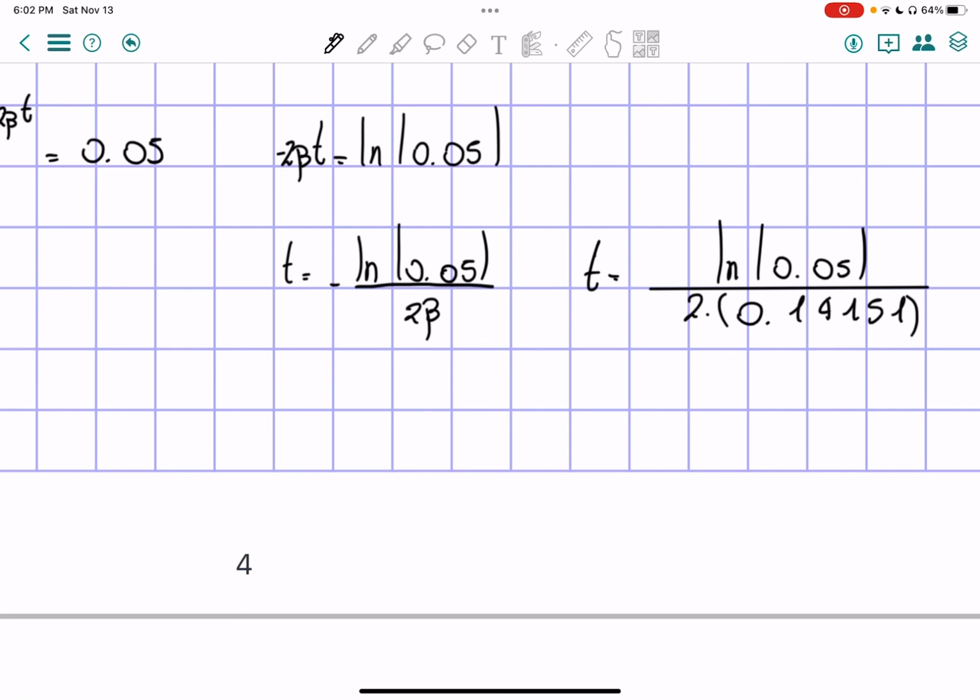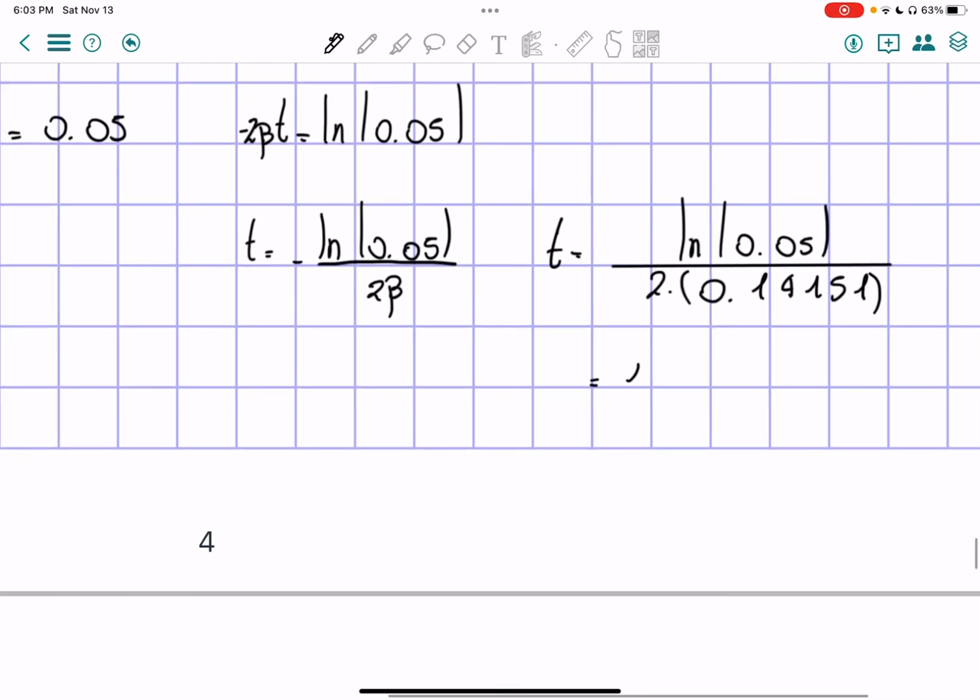If we just plug it in the calculator, we get the natural logarithm, ln of 0.05 divided by 2 times 0.14151, is equal to 10.58 seconds.